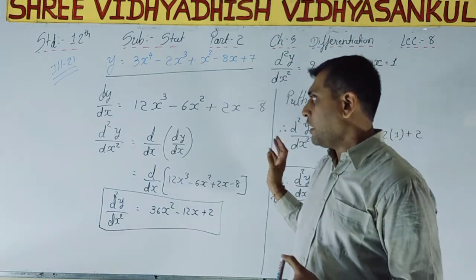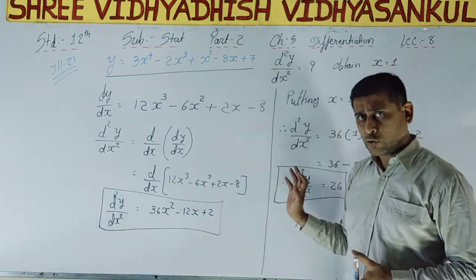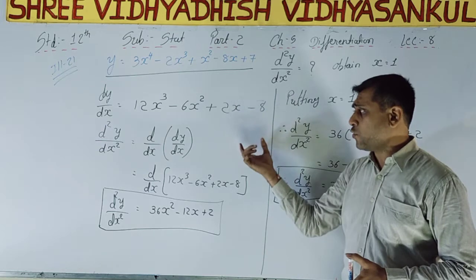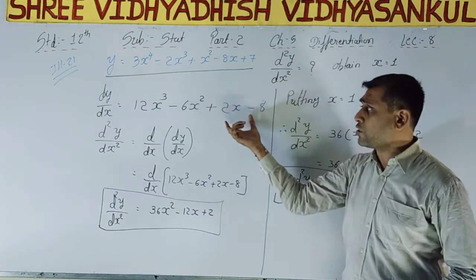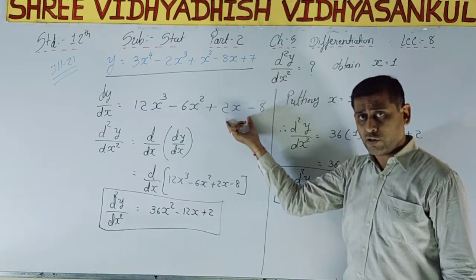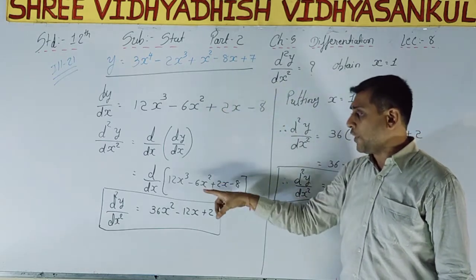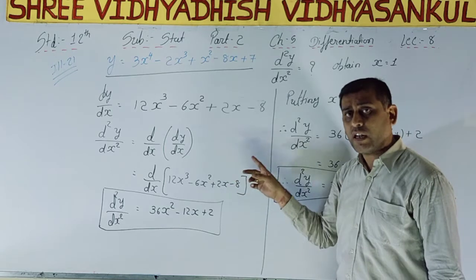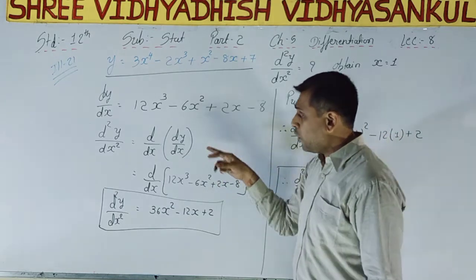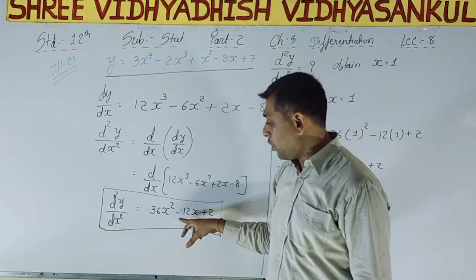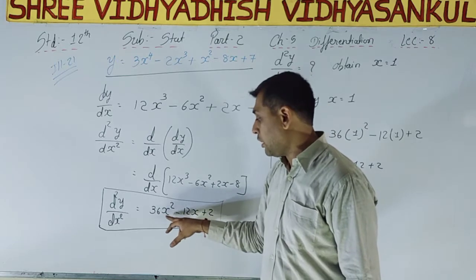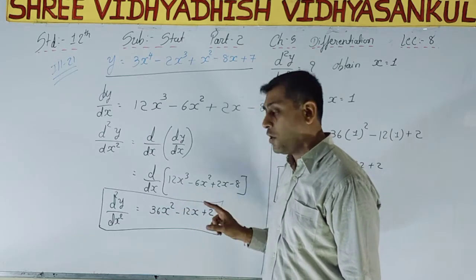So first of all, it is very easy, so please write this down. You have to just find the first differentiation. Then from that answer, you have to find the second differentiation, that is the second order differentiation, and that is your first final answer, 36x square minus 12x plus 2.